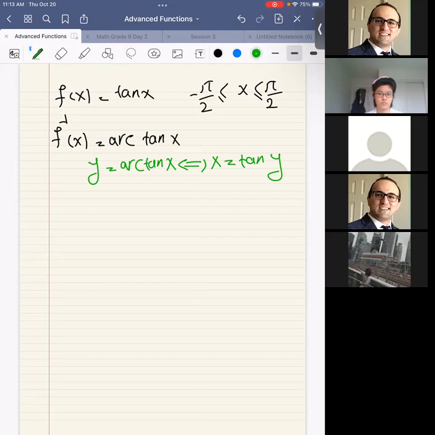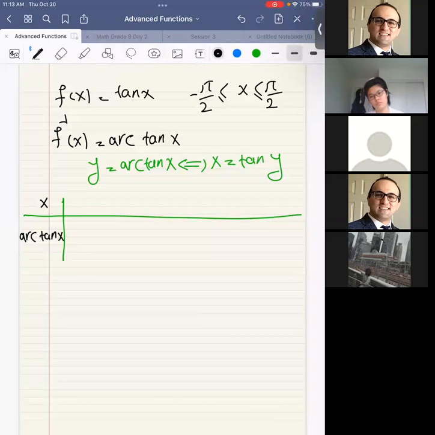So for this also, you can make a table of some values. So here is x and arctan x. But here, the range of tangent between minus pi half and pi half is the whole real numbers.